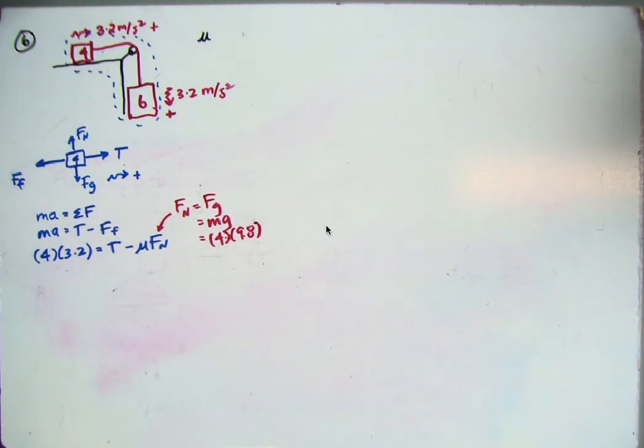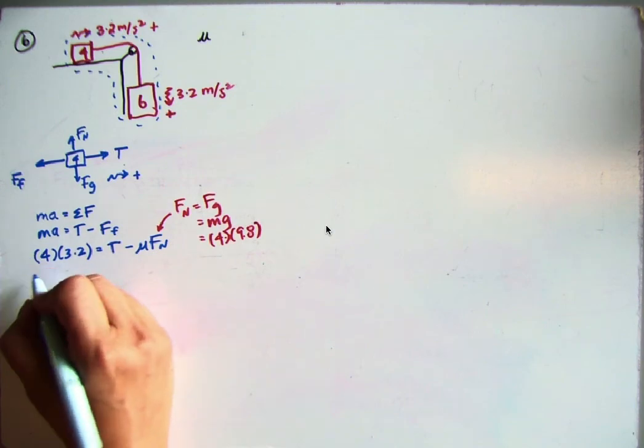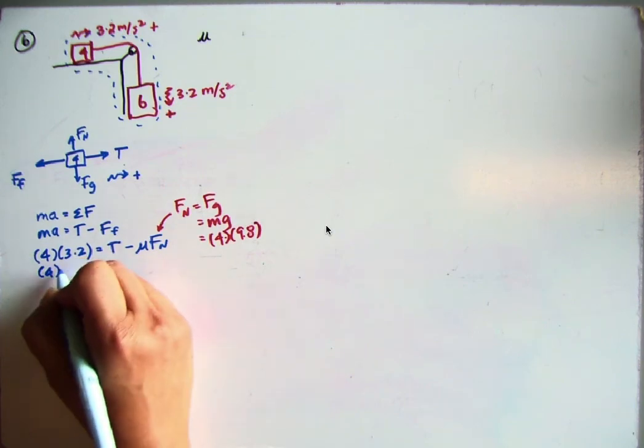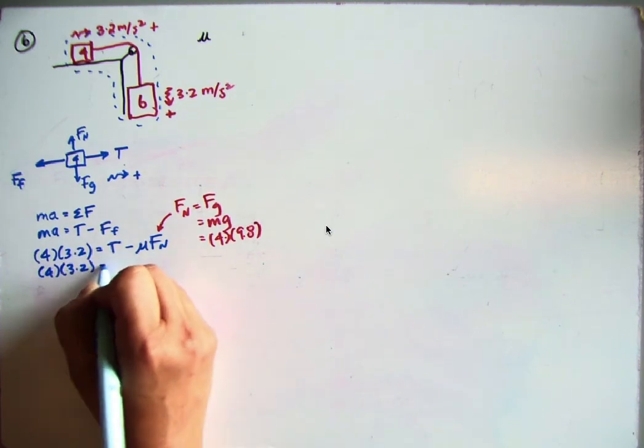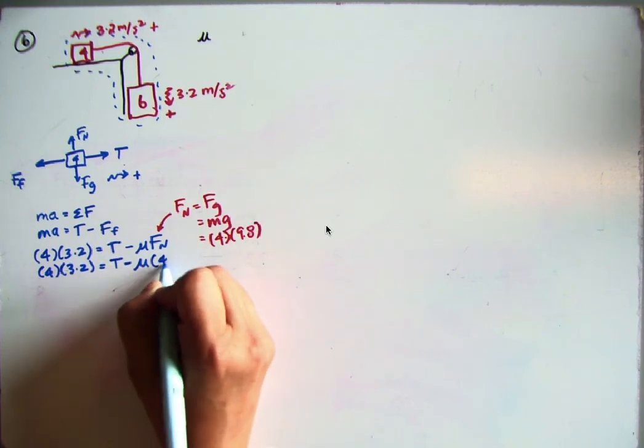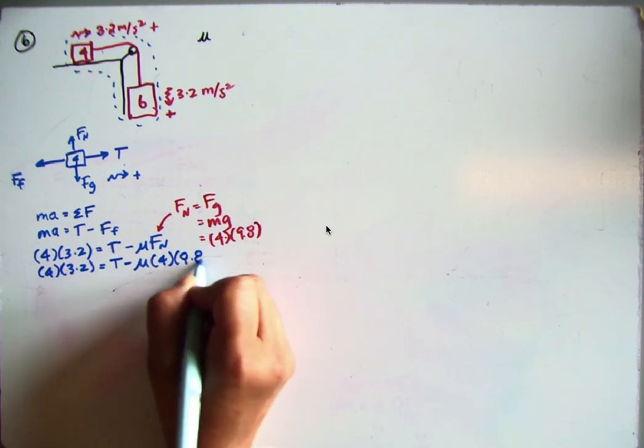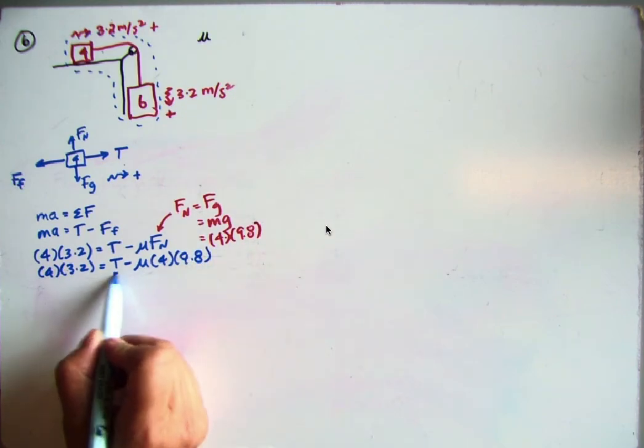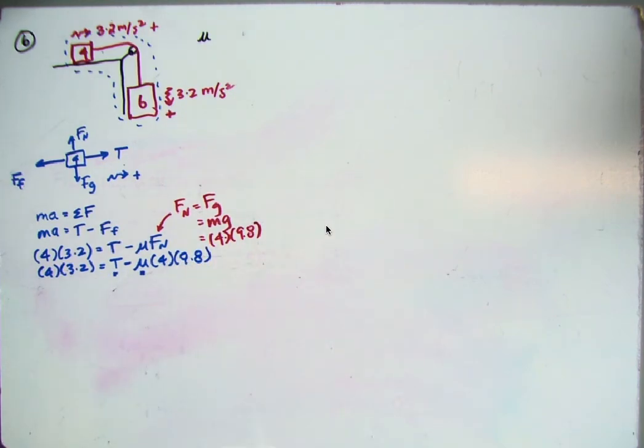So we can plug that in. So what we have here is 4 times 3.2 equals T minus mu times 4 times 9.8. Okay, two unknowns, T and mu. So we don't have enough information. We looked at the 4 kilogram mass, and we didn't get as far as we needed to get.